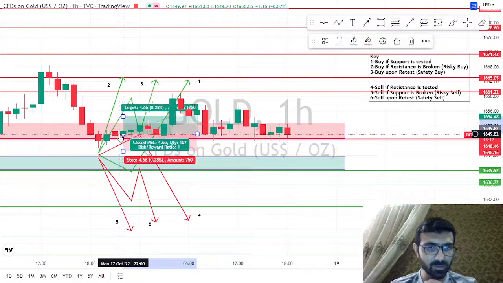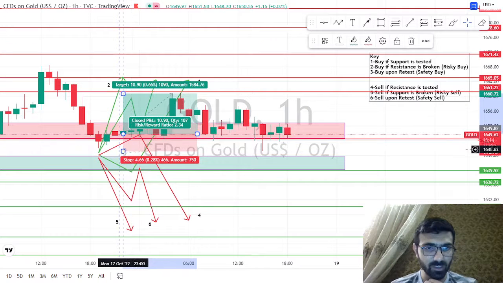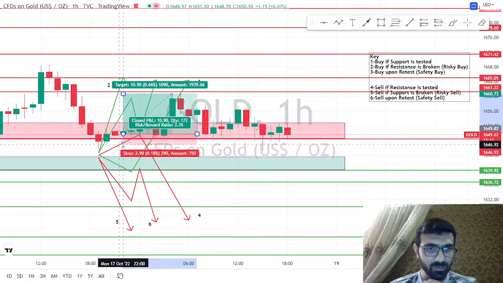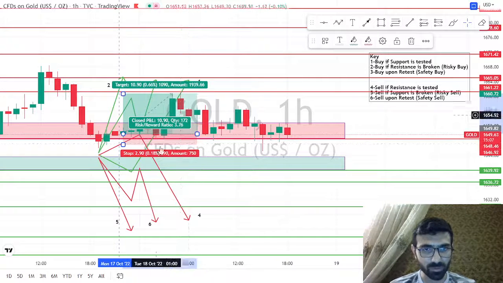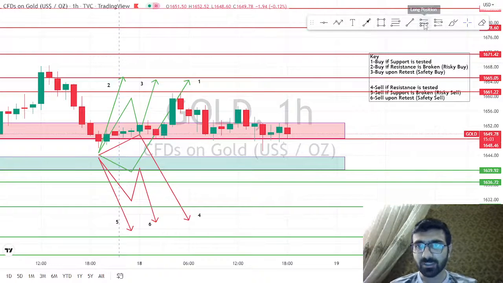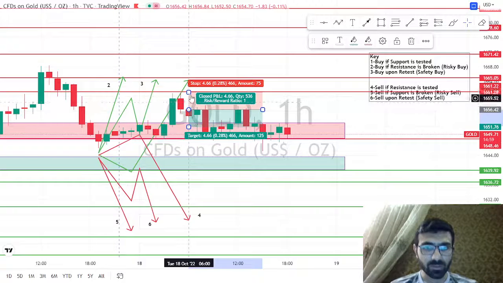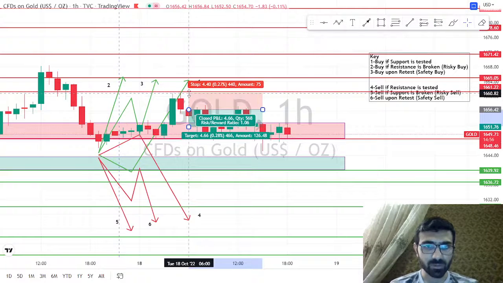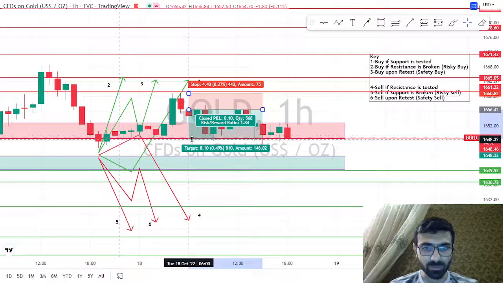So for example, when the market entered over here, you guys could have taken the long trade till here as your take profit, and this would be your stop loss. So approximately 3.7% profit would have come from this trade. And when the market closed below, then you could have gone short till here, and take profit would be approximately till here.